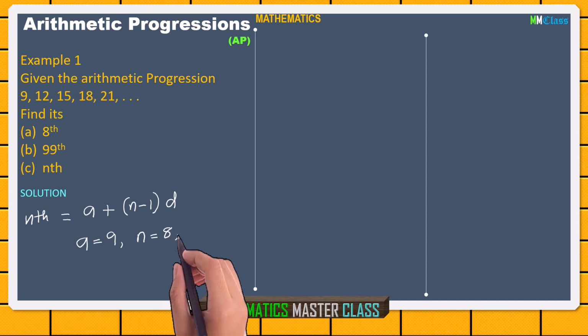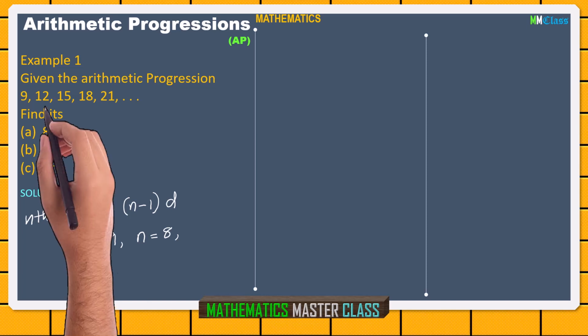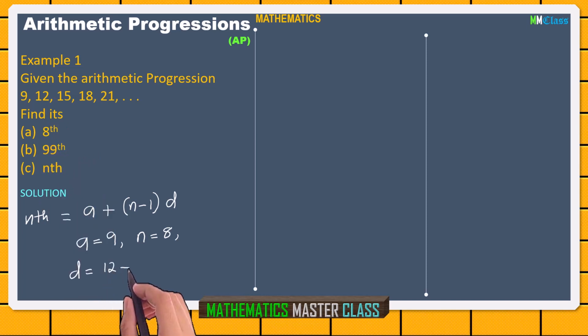The common difference, D, is the second term, 12, minus the first term, 9, which gives us 3.